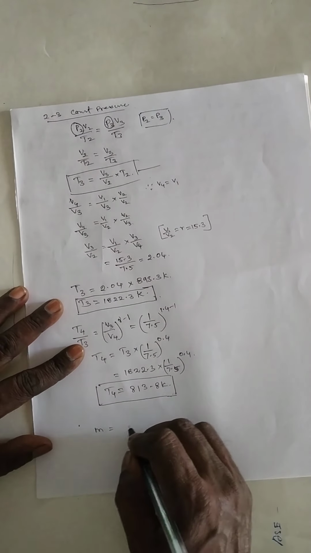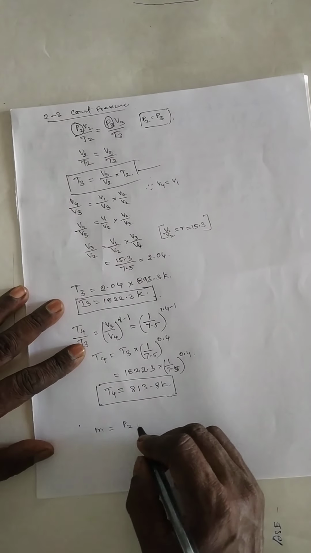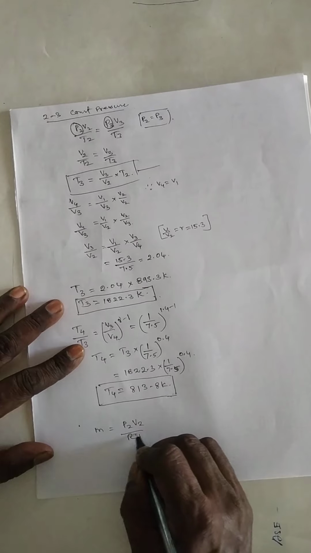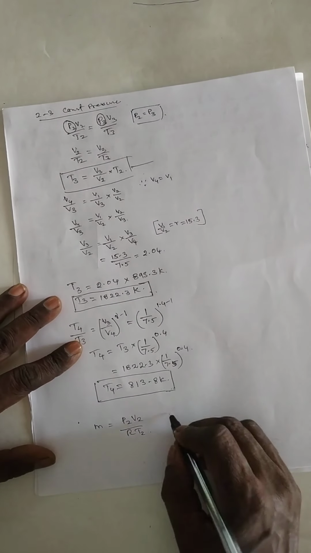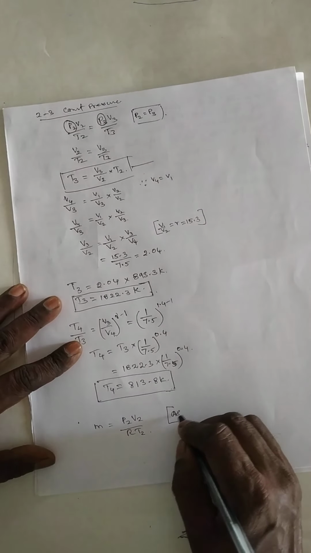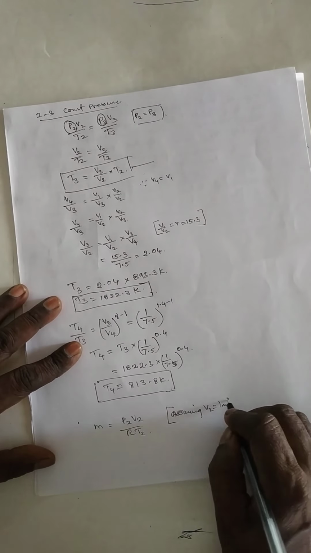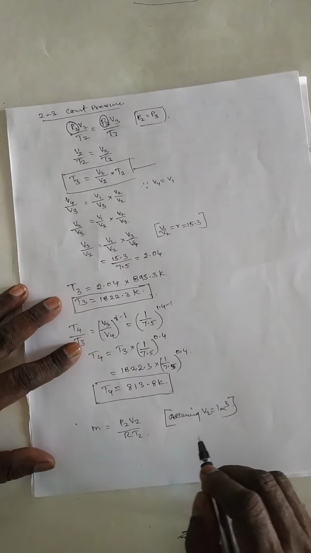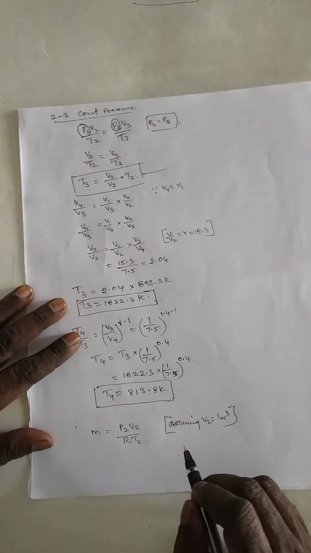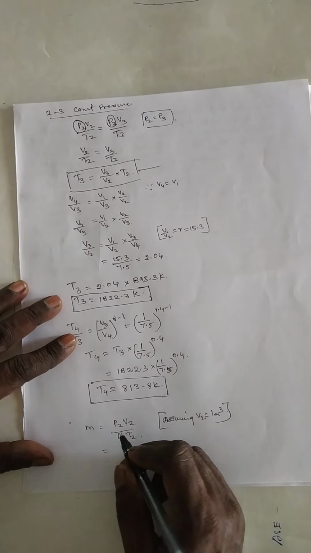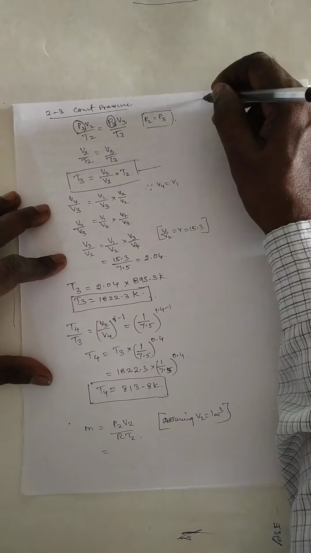So M is equal to P2 V2 divided by RT2. Assuming that V2 is equal to 1 meter cube, substitute this value. P2 we can calculate from this, right?